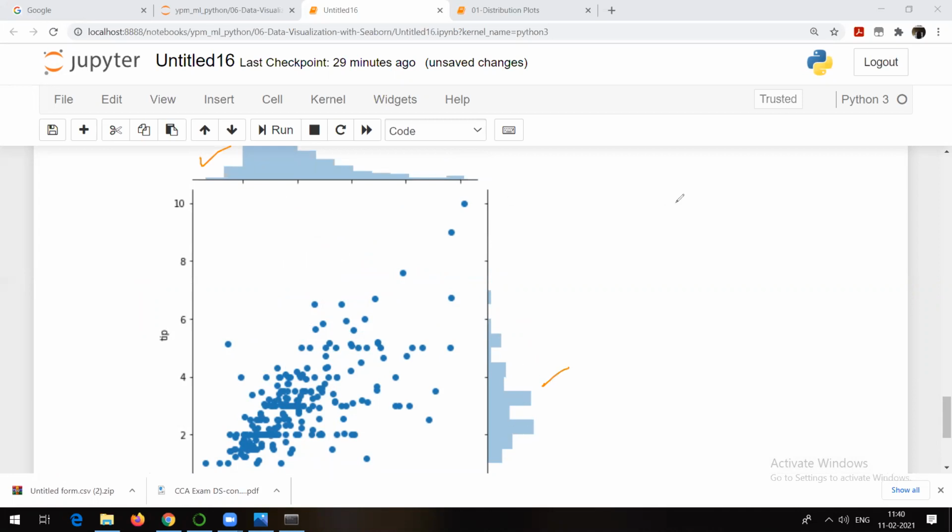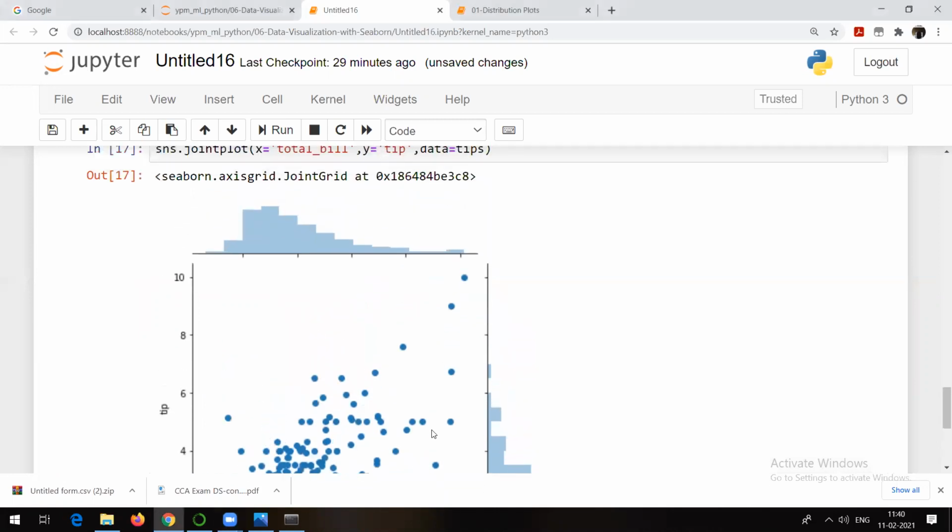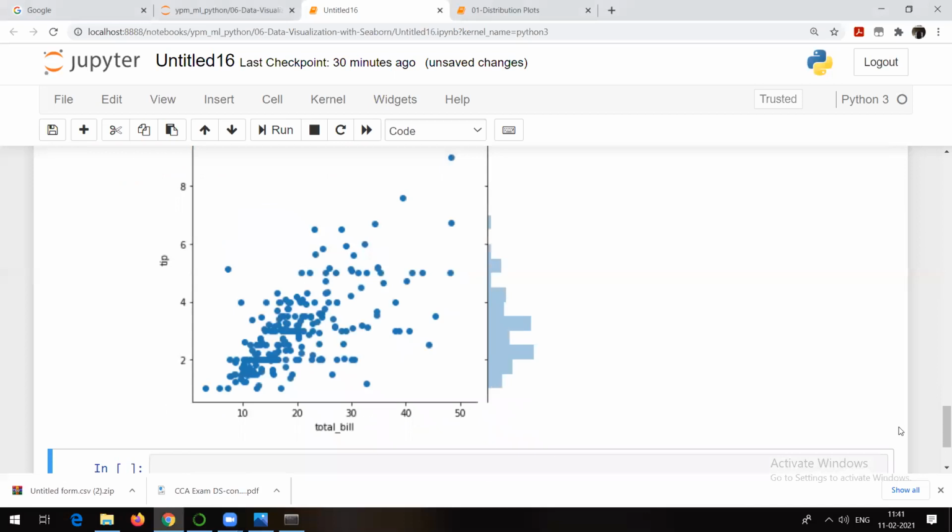Now, what can you understand from this particular plot? The same thing you can understand from this plot also. Here, this is my x-axis, this is my y-axis. Between 10 and 20 there are a lot of values here. This plot is also showing the same thing.